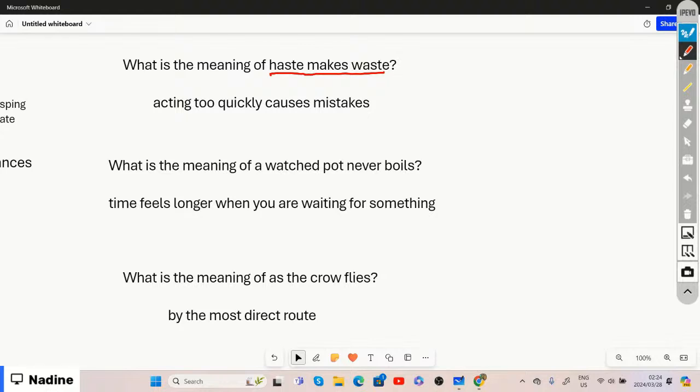What is the meaning of a watched pot never boils? A watched pot never boils. What is the meaning of that? Not sure if you have heard of that saying already.